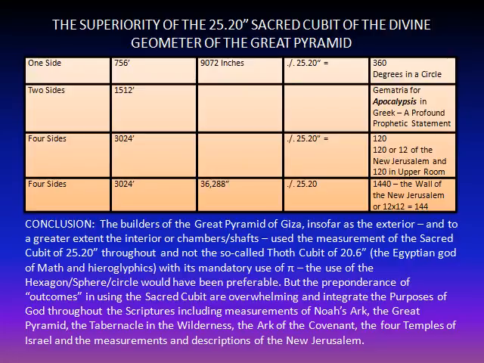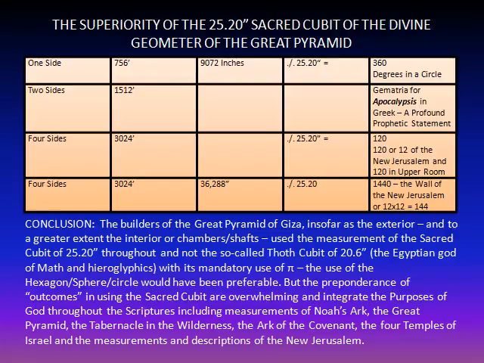On all four sides, we have 3,024 linear feet of the Great Pyramid of Giza, divided by the sacred cubit of 25.20 inches. It will equal, interestingly enough, 120 or 12 of the New Jerusalem and 120 in the upper room.